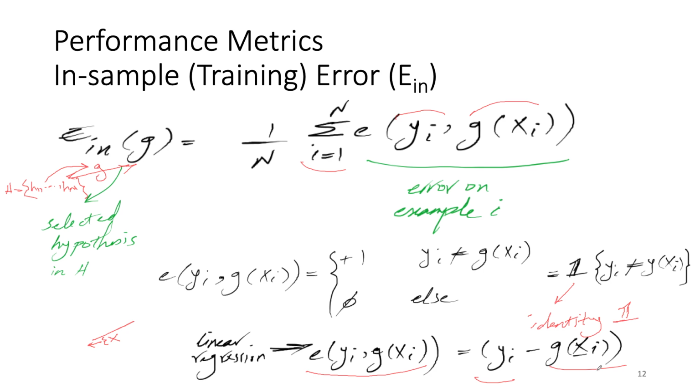We call it E in of G. You've been already using it in your learning model. Okay, so now let's see the out of sample error.